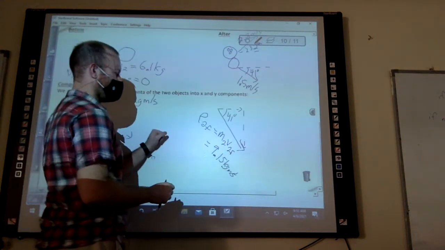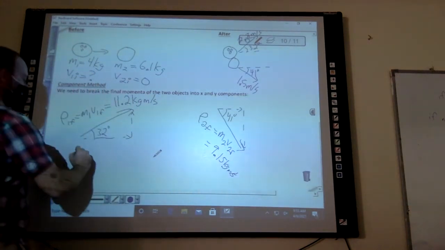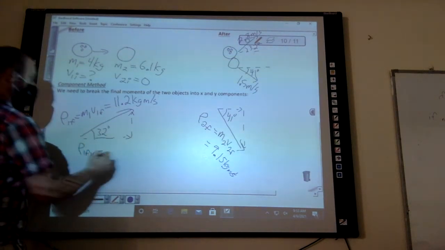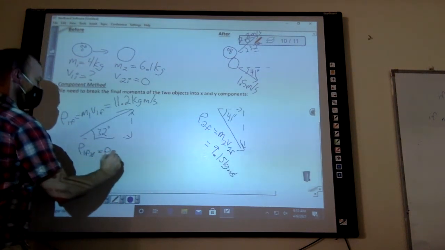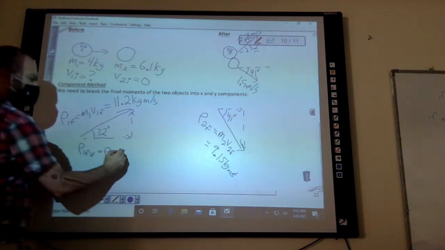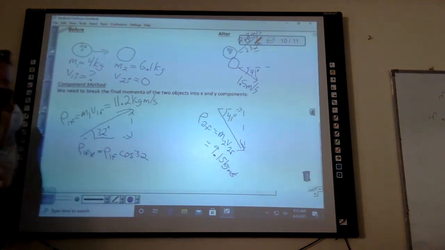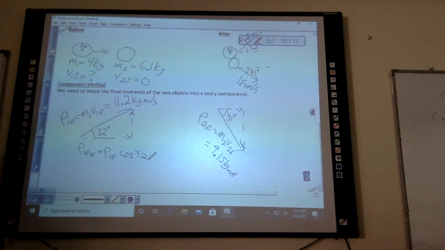Meters per second. And then break it up into the two components. So we've got momentum 1 final x is momentum 1 final times cos 32. Again, if you don't know where that comes from, it's just from SOHCAHTOA with a right angle triangle.